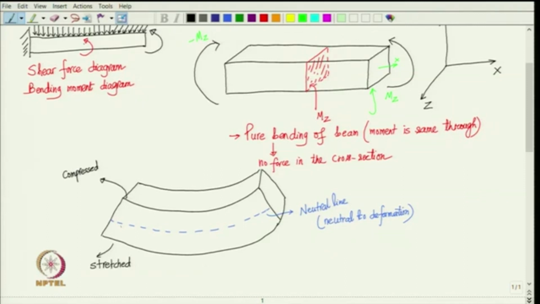all right. What we see here is just a neutral line, but we can also think of a neutral plane. So, any axial line on this neutral plane is not getting stretched or compressed.